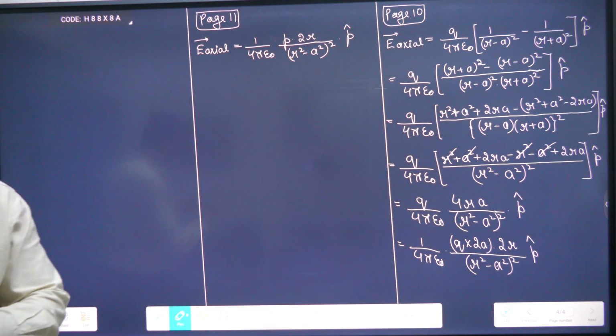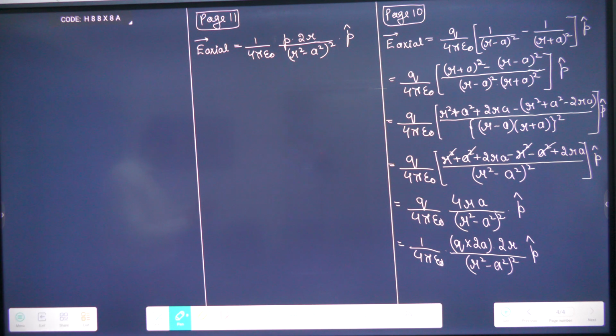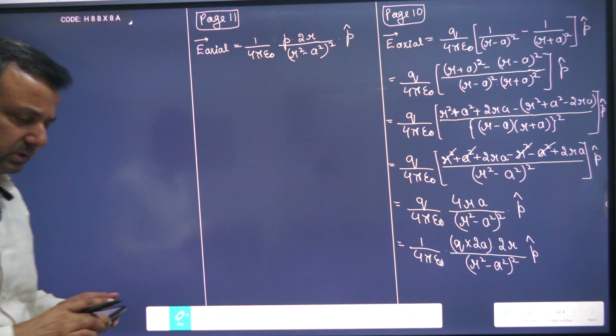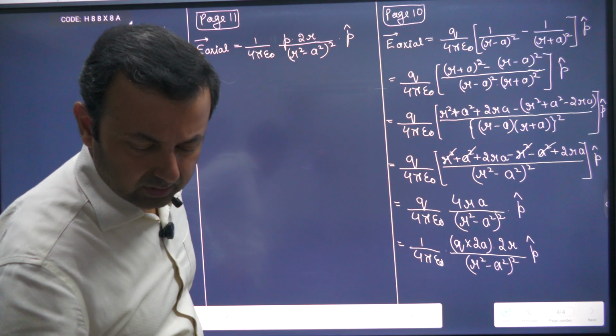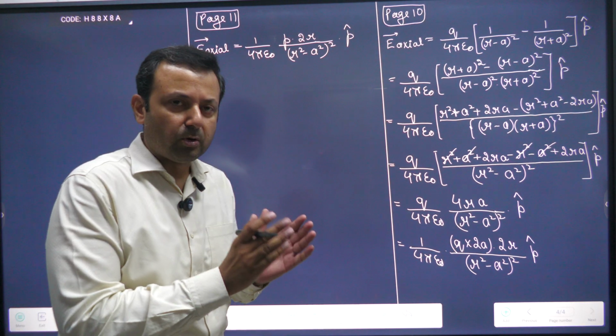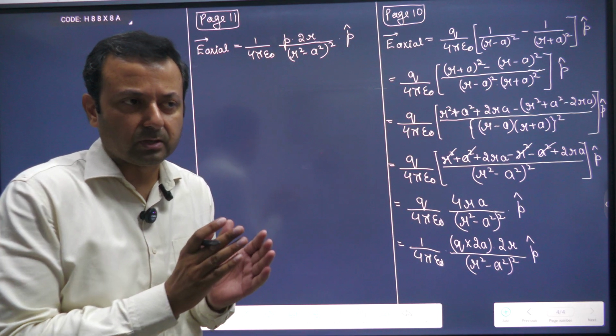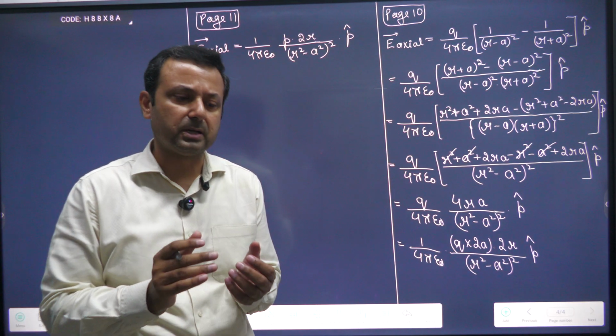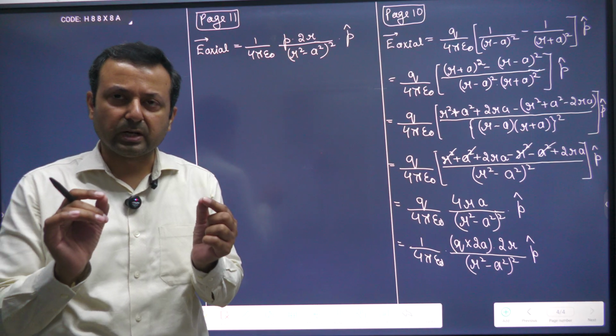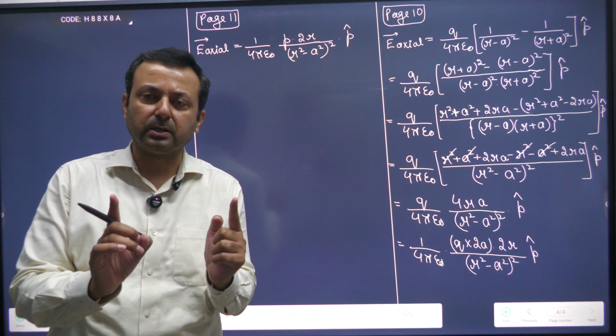Now what is p into 2r? We can say that an electric dipole is a very small object. The basic definition of electric dipole is that two equal and opposite charges are separated by a very small distance.